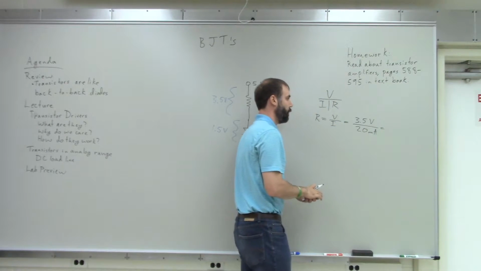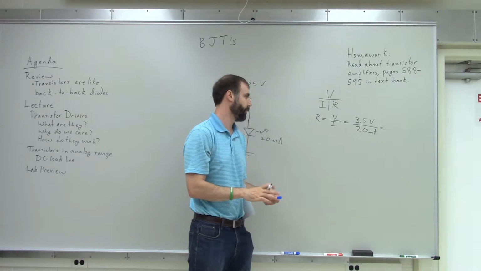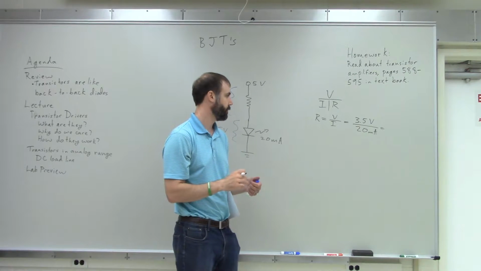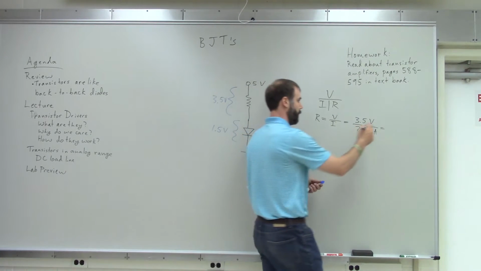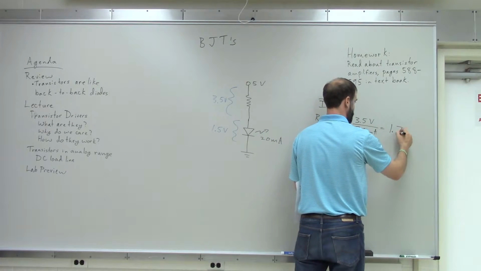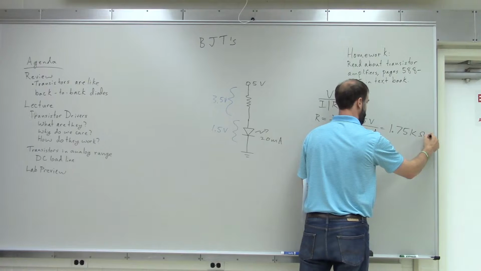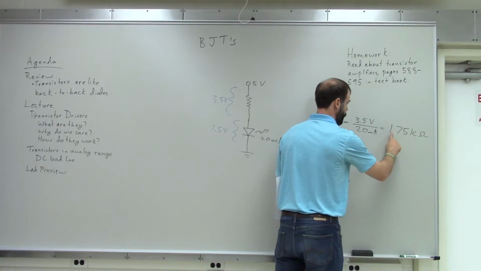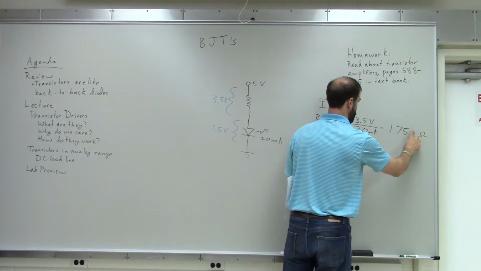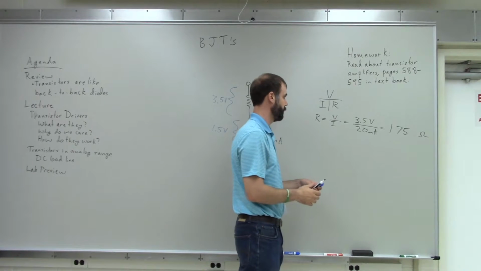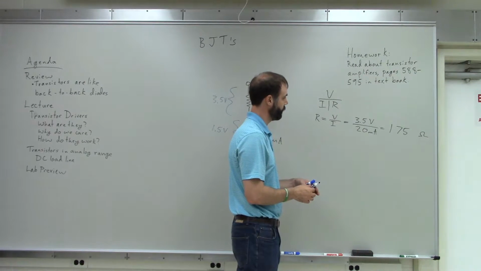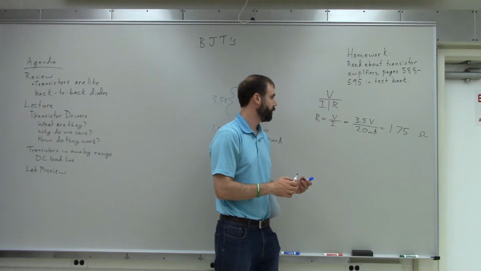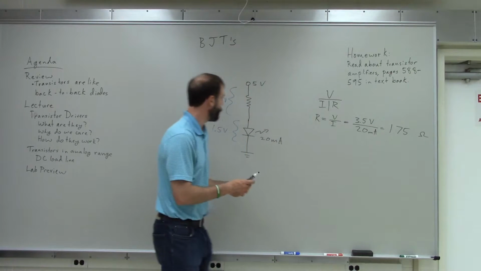So what is 3.5 volts over 0.02 amps? 1.75 K. No, that's not right. It's 175 ohms. That seems a little bit low. No, I guess that's about right. Okay, so 175 ohms.